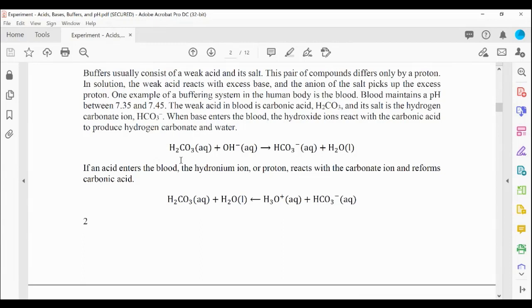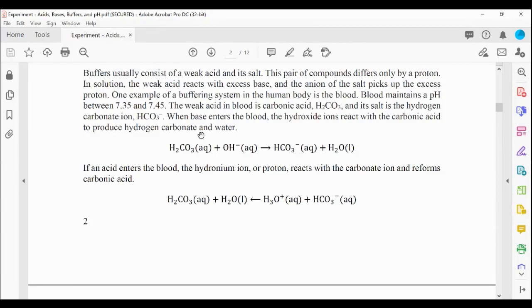Which one is the conjugate base of the carbonic acid? Is this one, HCO3 minus? So a buffer usually is, as I said before, a weak acid and its conjugate base.